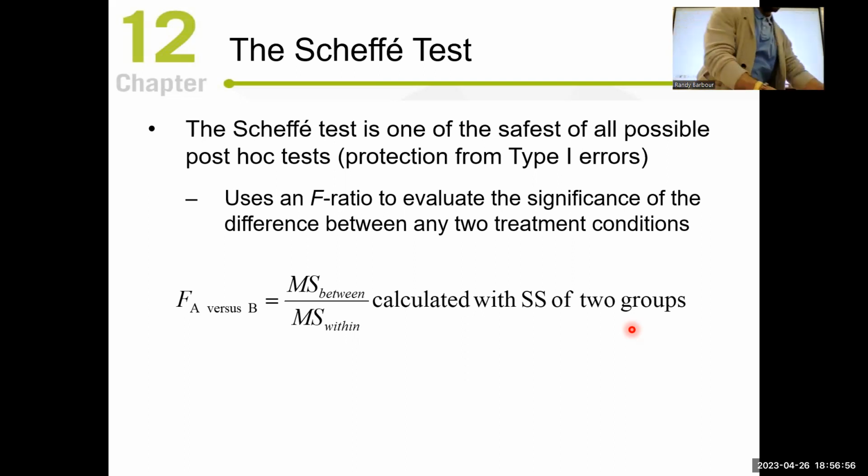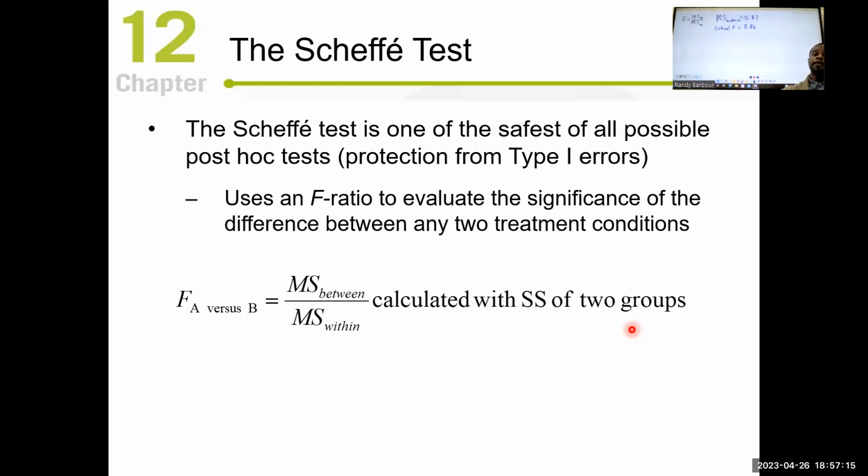Then we're going to calculate what we need. And we have to remember my F ratio is the mean squared between over the mean squared within.